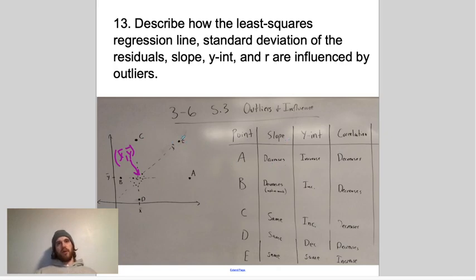So point E, if we were to add point E here, if this was already our predicted line with this data, point E is not going to change the slope because it's already lying on the line. And it's not going to change the y-intercept. It is going to change the correlation.